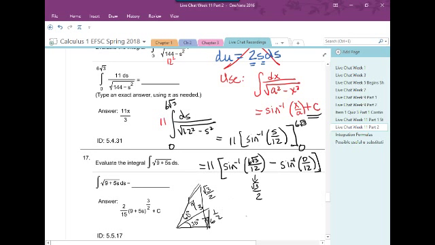So it's the sine of 60 degrees, so this is going to be pi over 3 minus, now what has a sine of 0 is just 0, right? So you're going to have 11 times pi over 3 minus 0, which turns out to be 11 pi over 3.